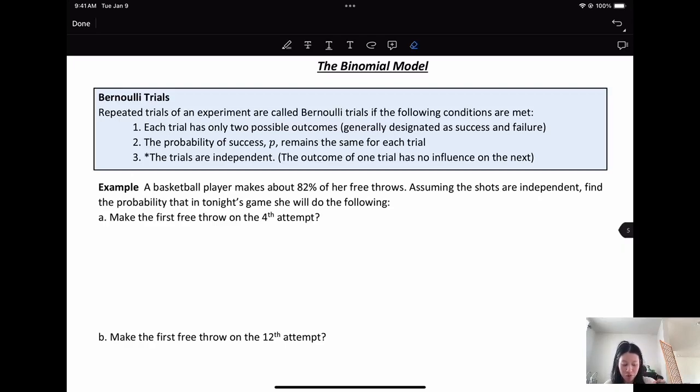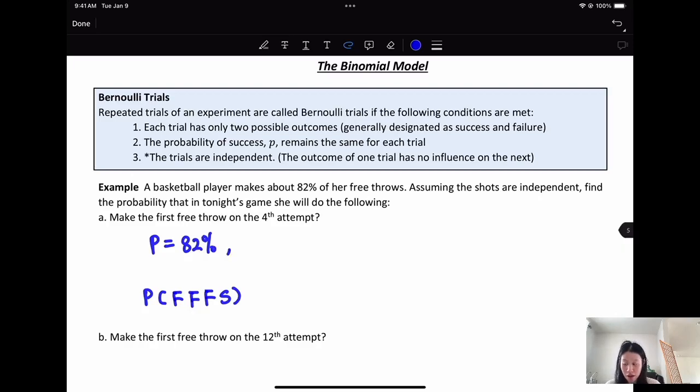So her free throws look like: fail for the first 3 times, and then on the 4th attempt she succeeds. The probability that she succeeds is 82%, so P is equal to 82%.